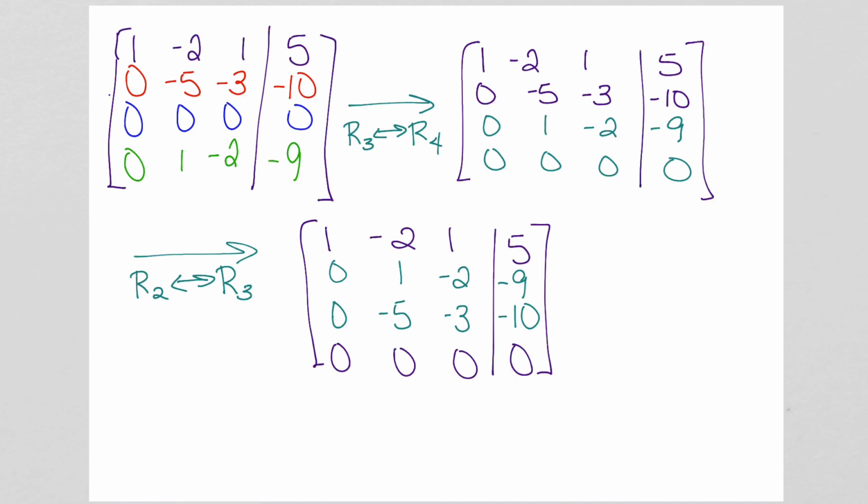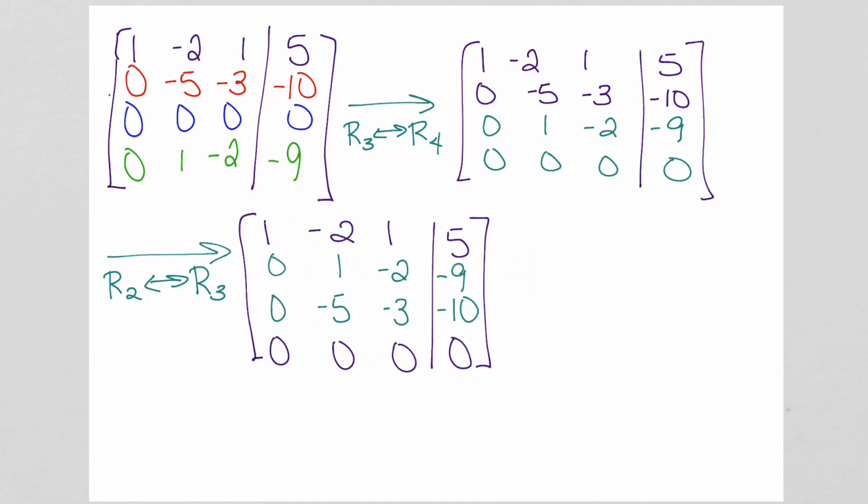Now we can focus on getting this spot to be a 0. I'll move things over a bit. Okay, so row 1 stays. Row 2 is good.